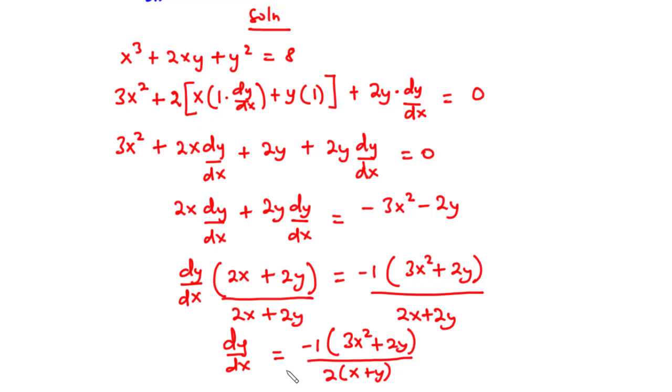So dy/dx is equal to negative 1 into bracket 3x squared plus 2y, divided by 2 into bracket x plus y. So this is how to solve implicit functions. Let's move on to our second question.